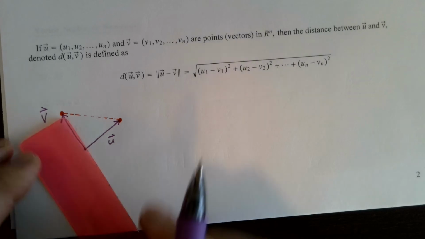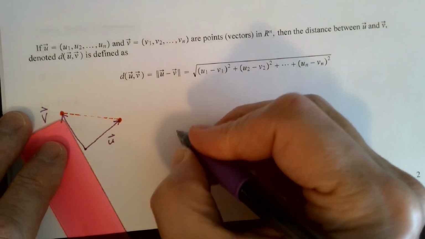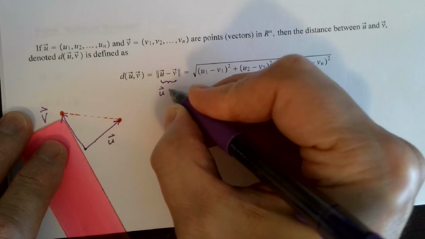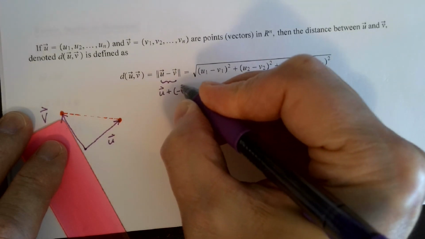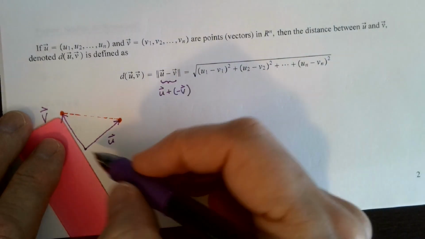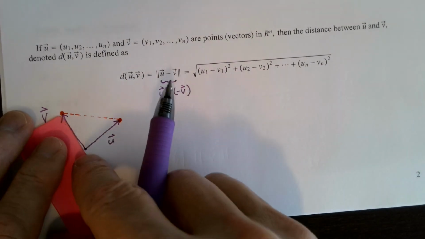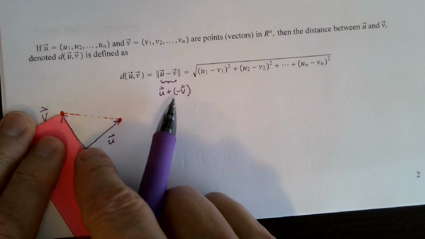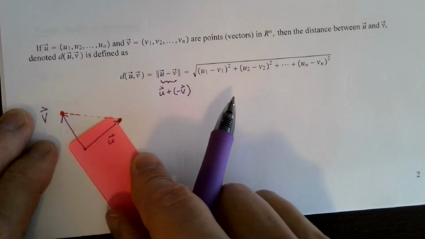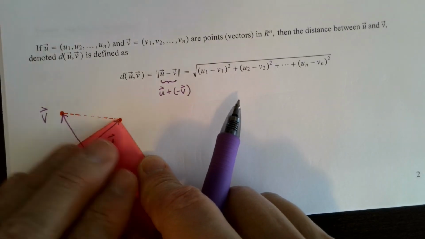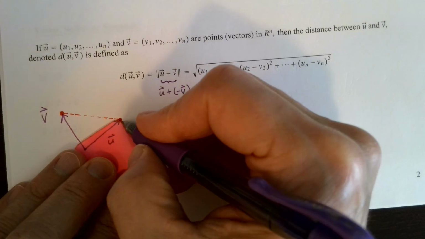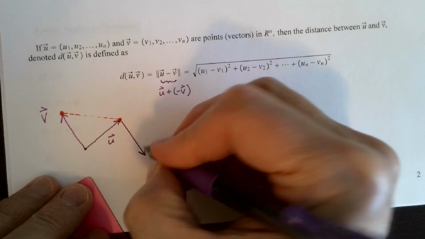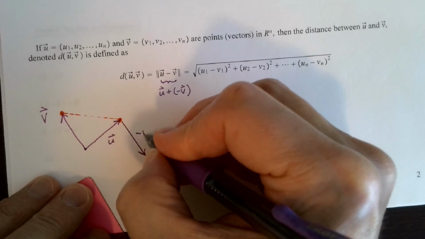So u minus v is the same as u plus a negative v, is really what we mean there. So I'm going to take positive v, and form negative v, which will be in the opposite direction, and add that to u. So I would get, going in this direction, this is the vector negative v.